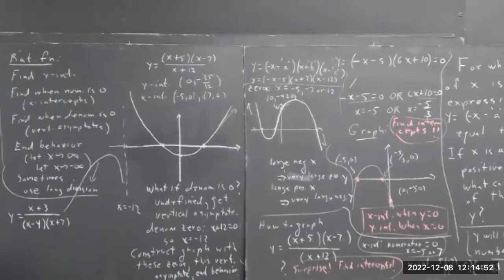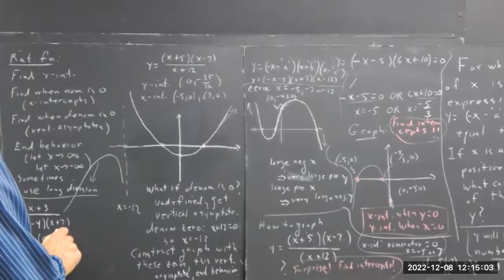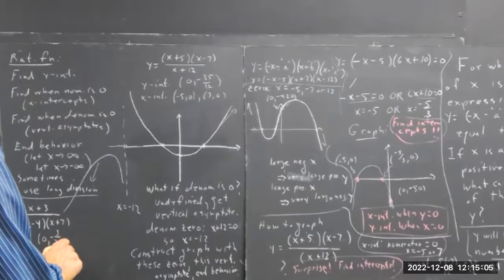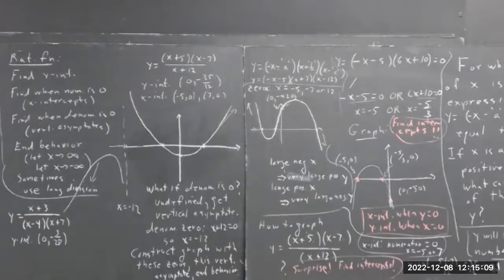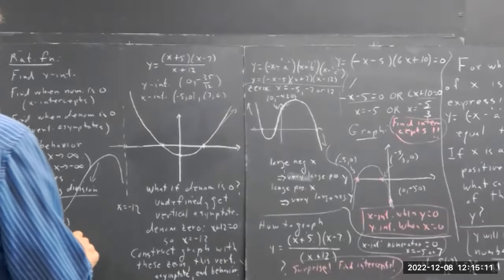Systematically, you find the y-intercept. It's 0 and 3 over -28. And 3 over 28 is pretty close to 3 over 30, and 3 over 30 is just 0.1.